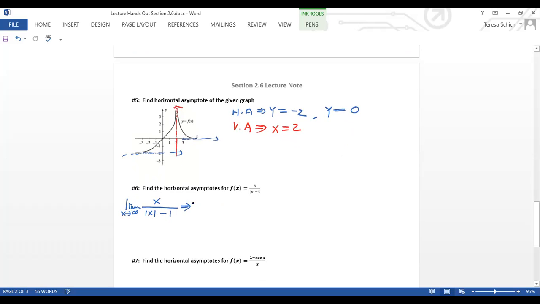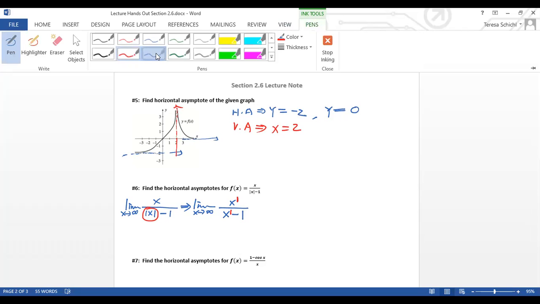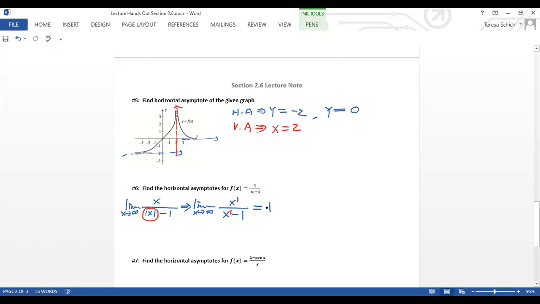If x is positive, what happens to the absolute value of x? How do you break it? It will just be positive, right? So it's x minus 1. Now they both have the same first exponent. So what is the limit here? The limit is 1. Good? All right.